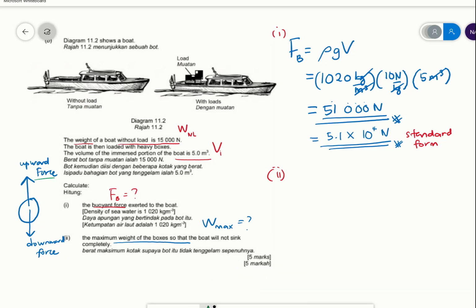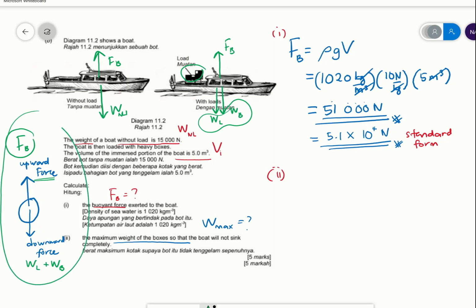Let's label them. How many upward forces? Good, only one. That is Fb, buoyant force. When there is no load, the only downward force is weight, which is weight, no load, WL. But when there are loads, the downward forces are the weight of the boat and the weight of the load.